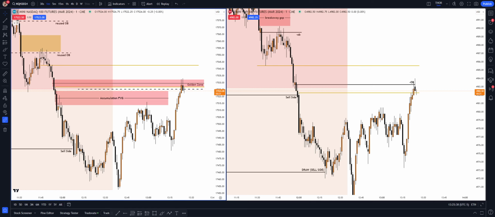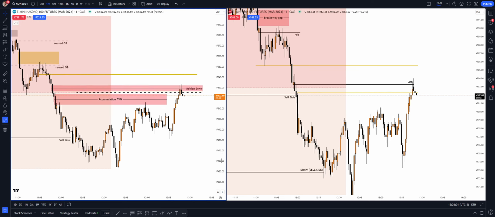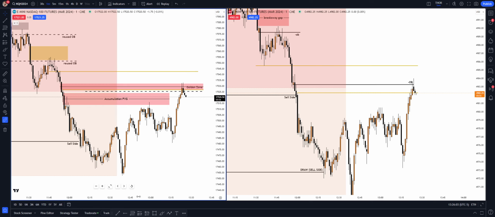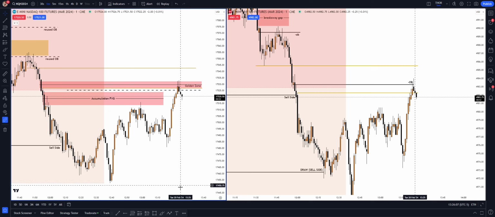So for the most part, you'll like to see SMT at key areas. Yes. Not just at a random level. There's a general rule of thumb for that when it comes to market maker models, which I'll cover in depth in a market maker model lecture.